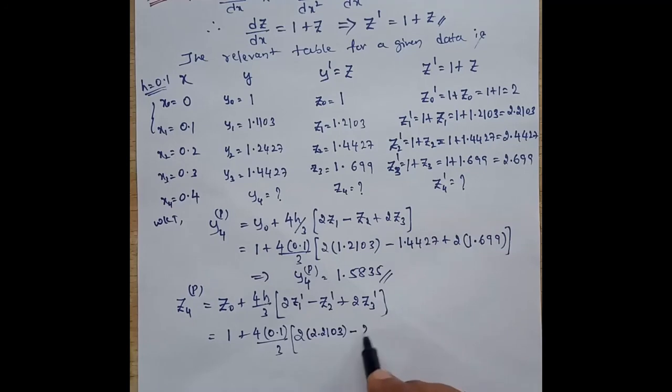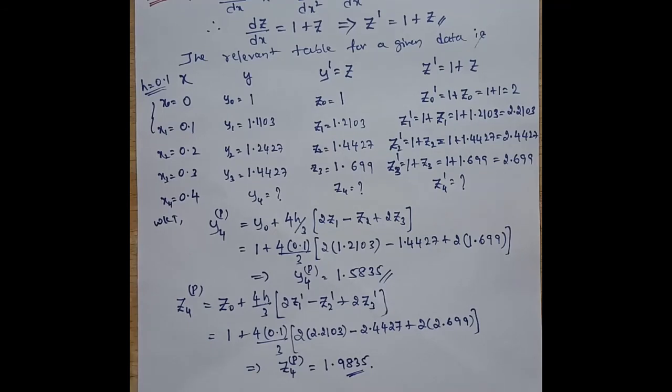Z2 dash is 2.4427 plus 2 into Z3 dash. And what is Z3 dash? 2.699. So calculate this. We get the predicted value for Z. The predicted value for Z is 1.9835.